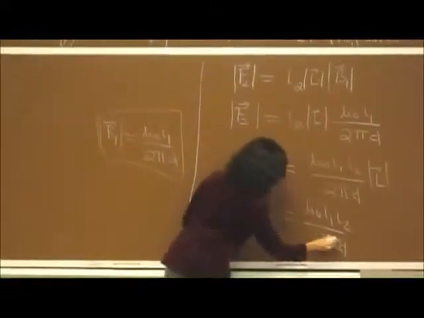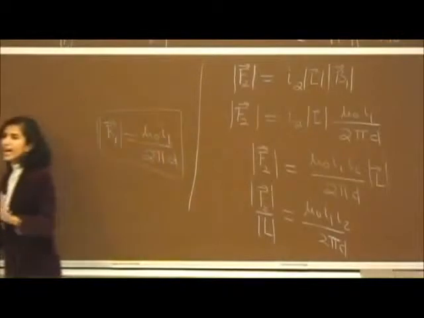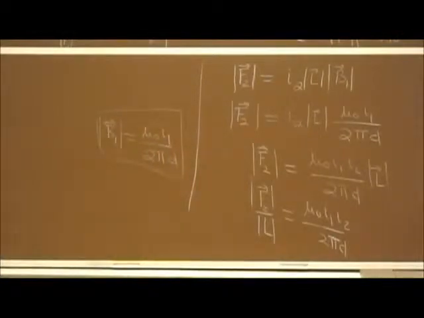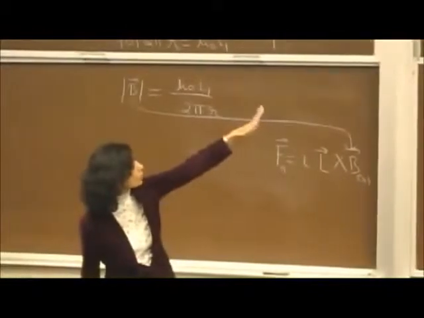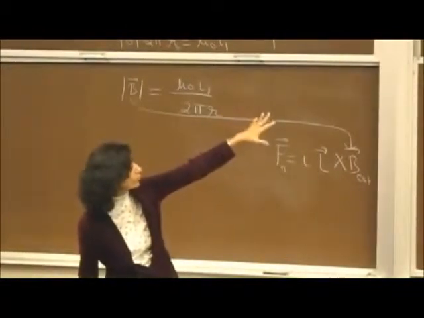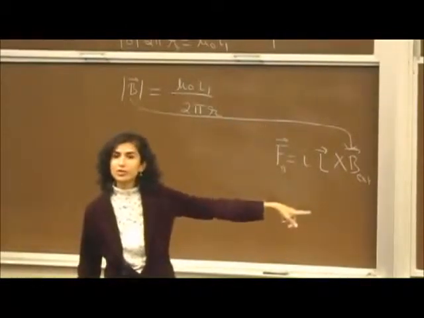This is the magnitude of force. By the way, if I asked you this question, will the magnitude of force per unit length on wire 1 due to the wire 2 be the same as this? What would you say?